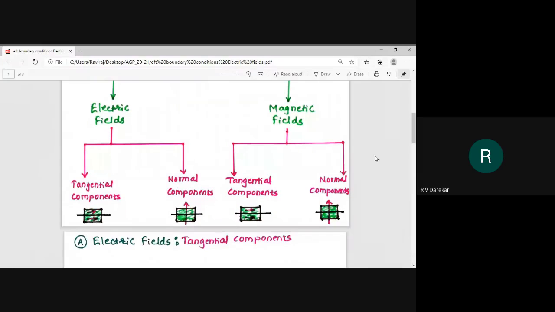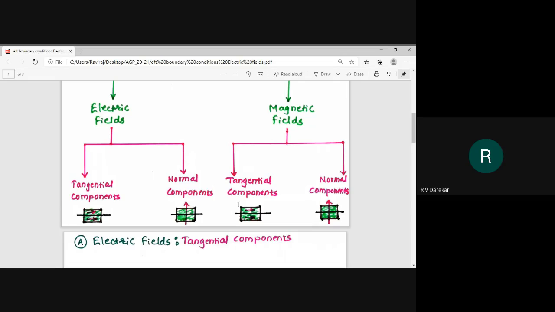So here also we can have a brief look or a short review of the structure. Tangential components are the components which are shown here, making an angle of 0 degrees with the surface of the boundary, and normal components are the components in which the electromagnetic wave passes perpendicular to the boundary of separation of the two media.